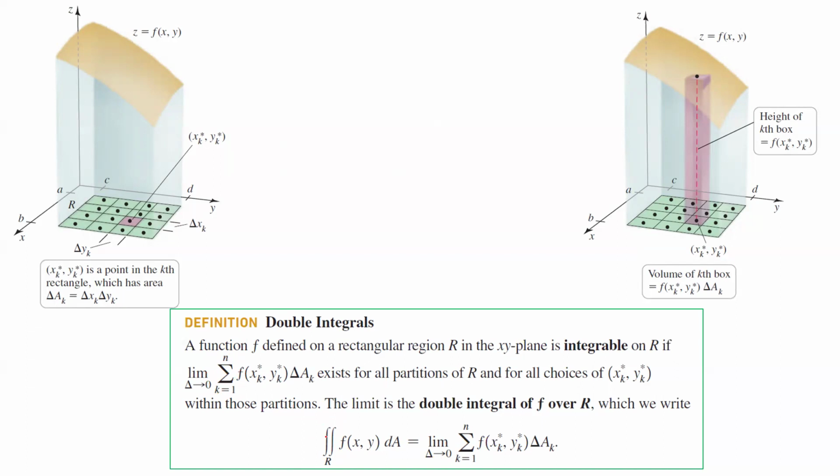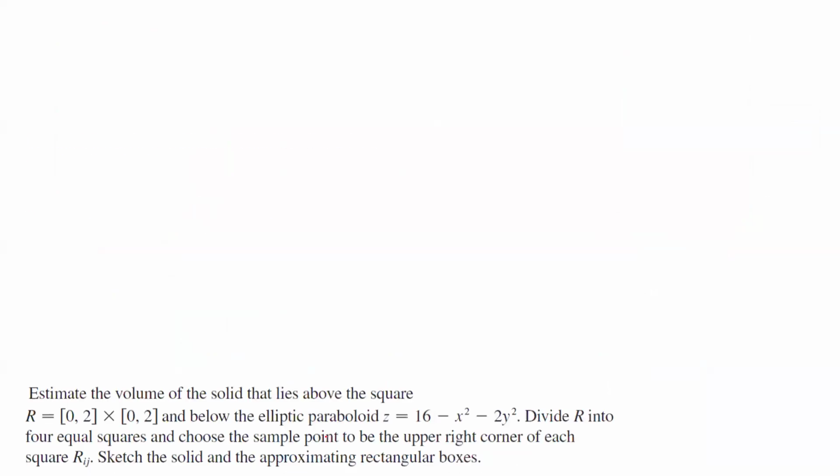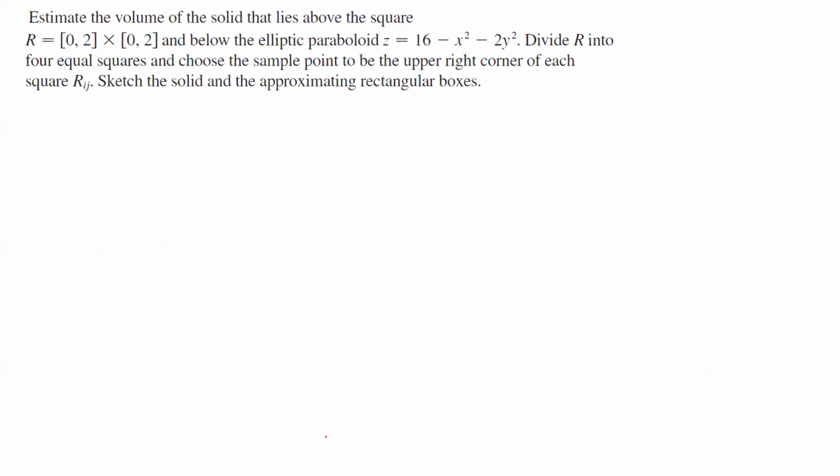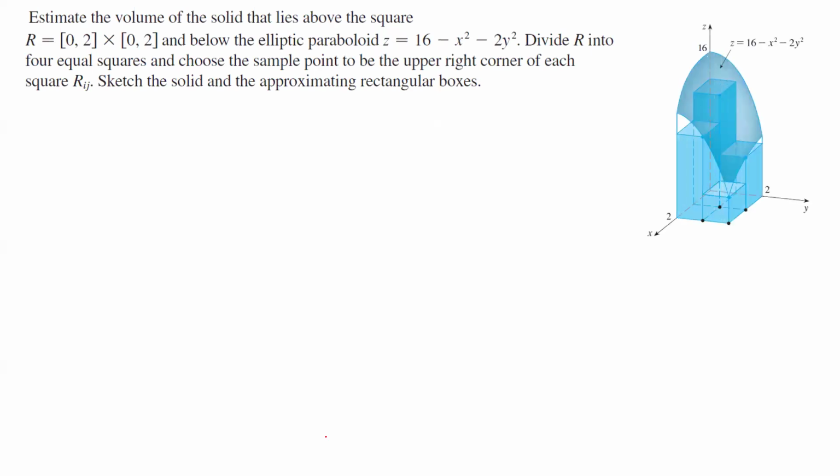As we saw examples for elementary calculus, calculating the area using the Riemann sum, we have the exact same thing for the volume. In this question, we are interested in estimating the volume of a solid that lies above the square R, which is the Cartesian product between the closed interval 0 and 2 by the closed interval 0 and 2.